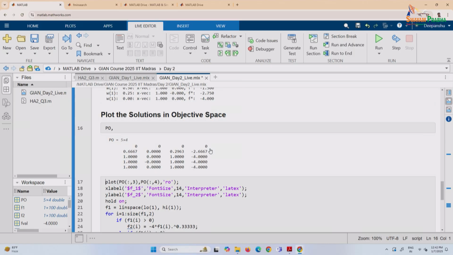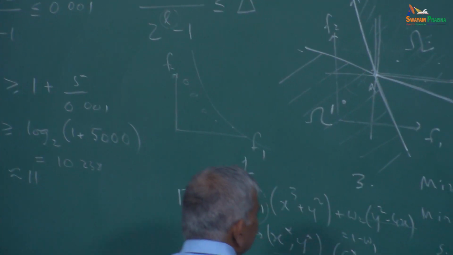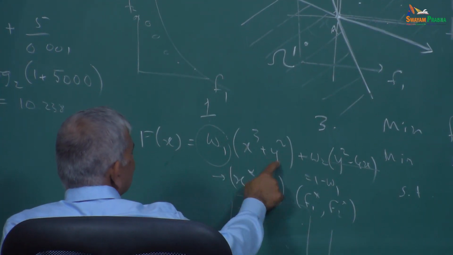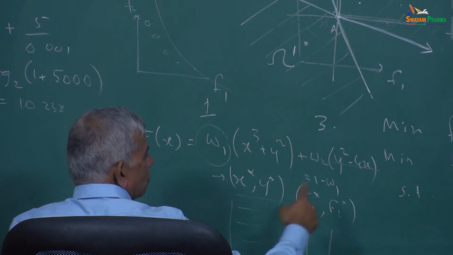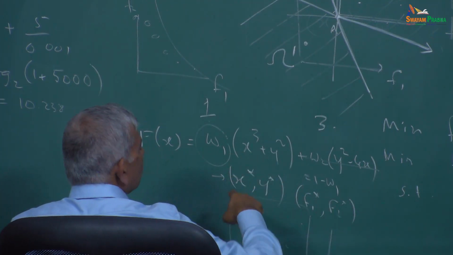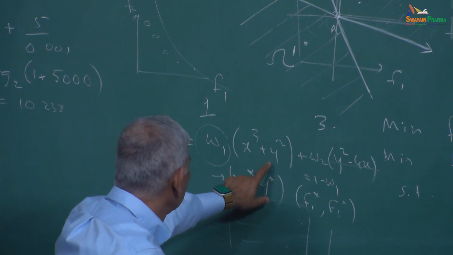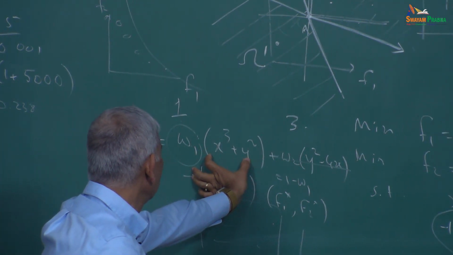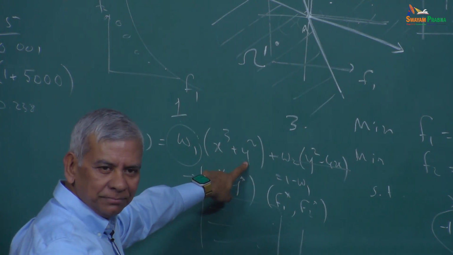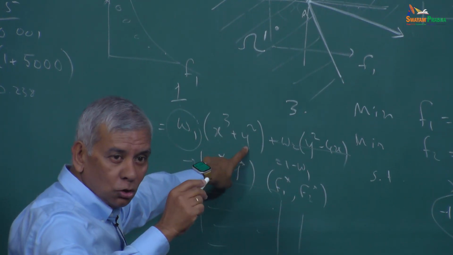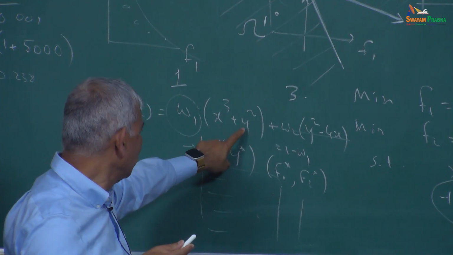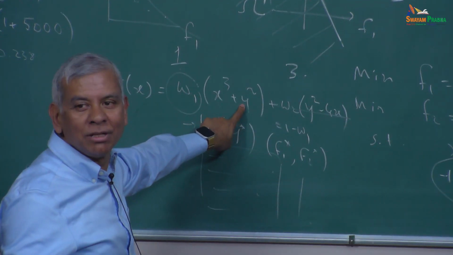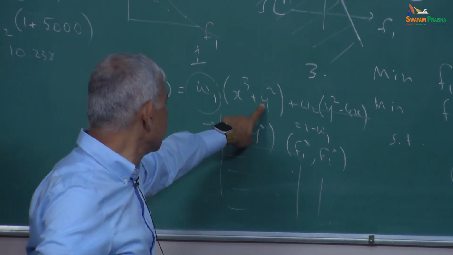So when w1 is equal to 1, this term is not there. If I minimize this function where x goes from -1 to 1 and y goes from -1 to 1, and there is no cross term, what should be the value of y? It's a square, so always positive. So the minimum will be 0. So y will be 0. That I agree.